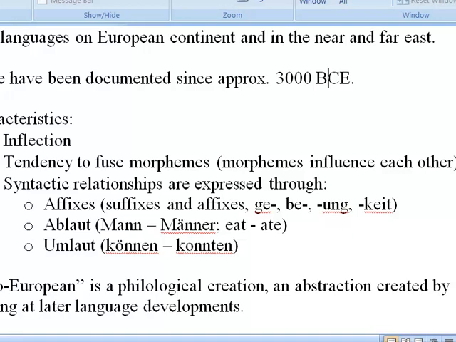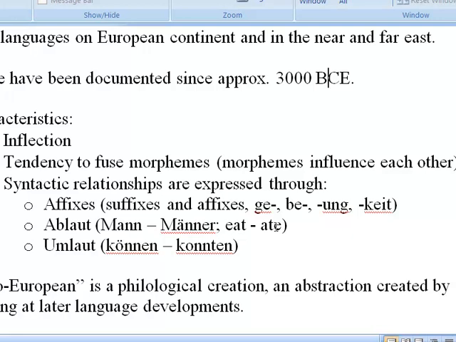A whole number of different ones are used to create adjectives and adverbs. There's also a phenomenon called Ablaut. If you look at the example I have here, Mann versus Männer, that's singular versus plural. In English we have that a lot in the verbs, eat versus ate, read versus read for the present and past tense forms.